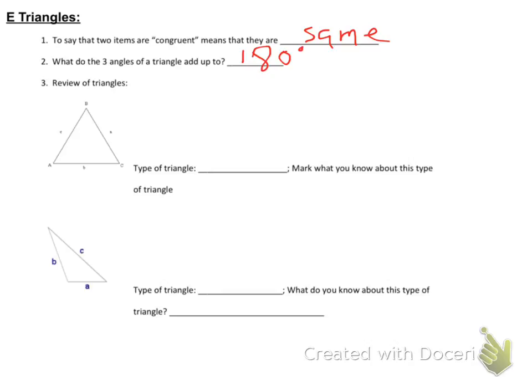So those are standard things that we have to realize. The congruency thing is normal; you're going to deal with that with a lot of different polygons. But you need to know that the angles add up to 180 degrees. It's really convenient that way.